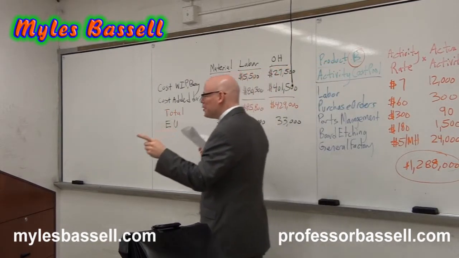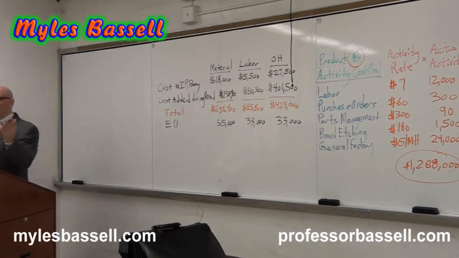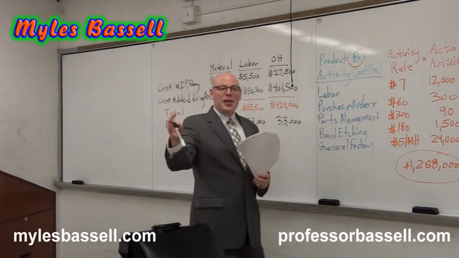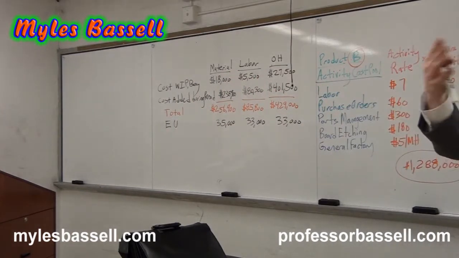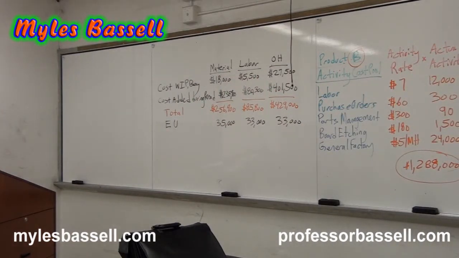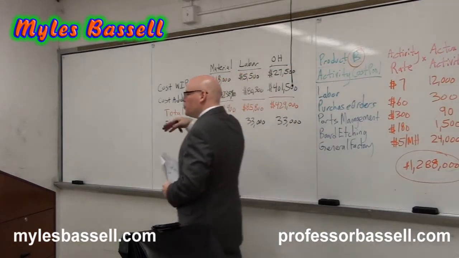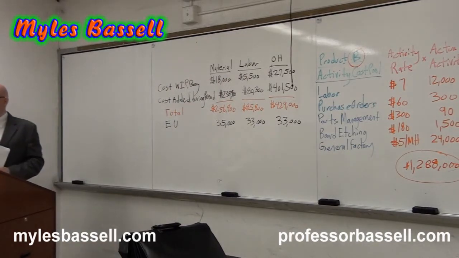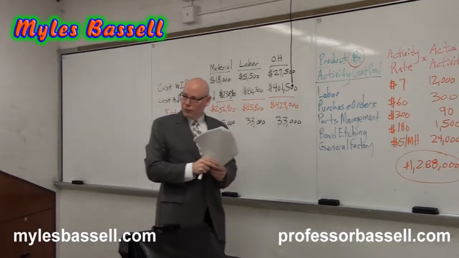That's the same issue that we've had over the last couple of weeks, is how do we deal with the work in process? How do we deal with what is partially completed? And each time there's a slightly different challenge for us as accountants. This week the challenge is, well, what happens now if you take those partially completed goods and convert them into finished goods?